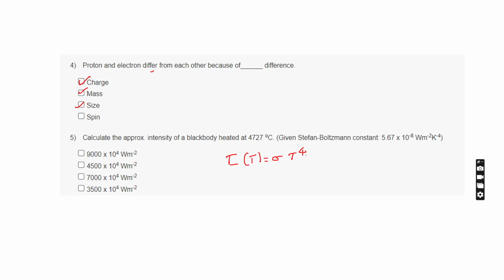Convert into Kelvin and do the calculation. Ma'am, option D. B or D? D. Yes.